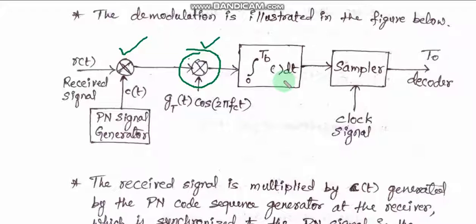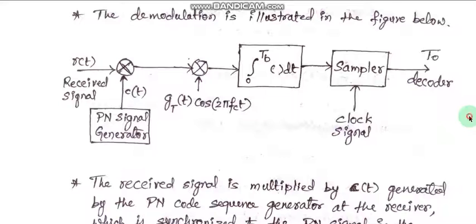In module number 3 you have learned what the correlator is. When the signal is passed through the correlator, I get a value, and that value is sampled. The sampled value is transmitted to the decoder for identification of the signal.